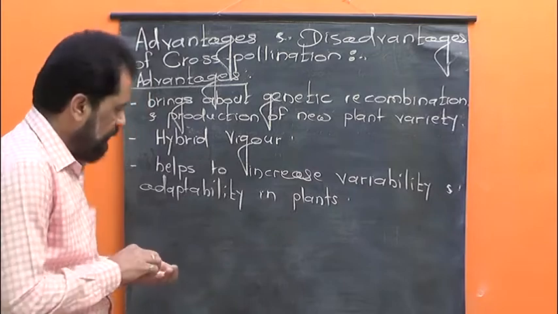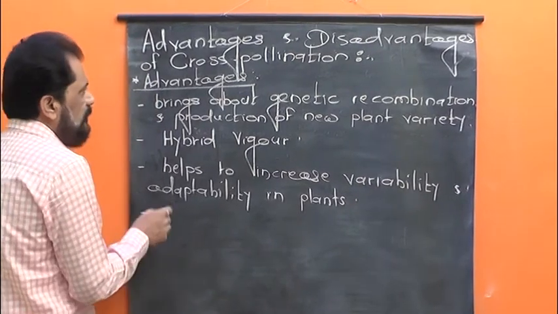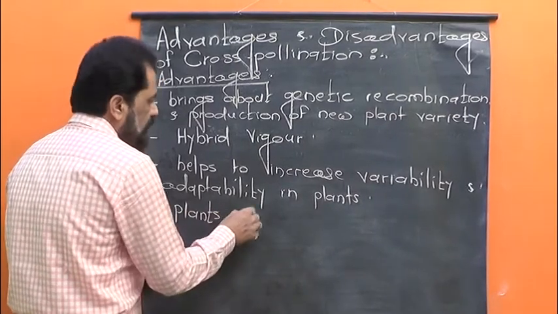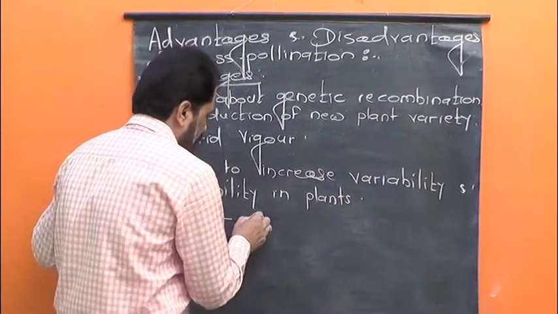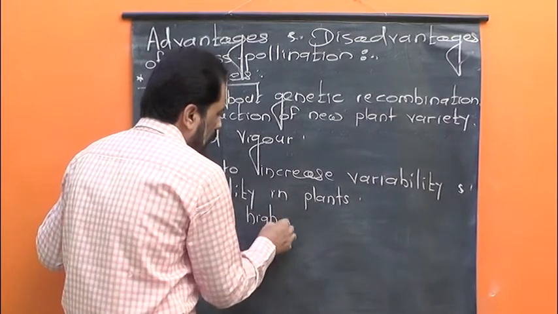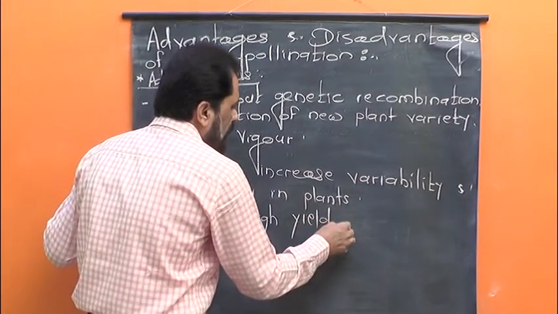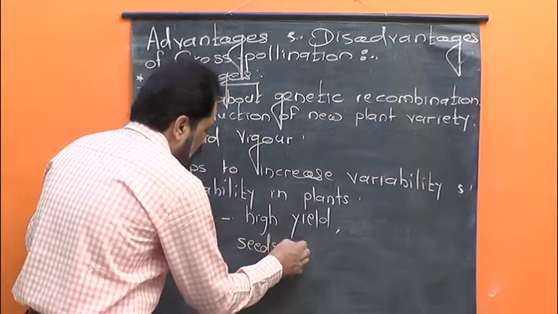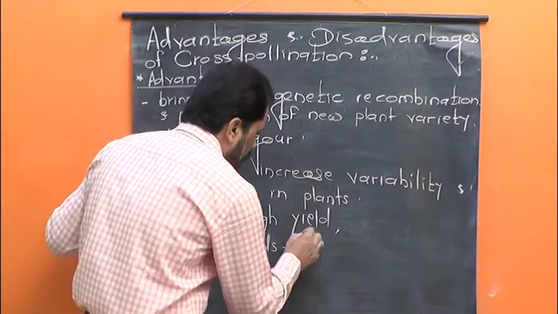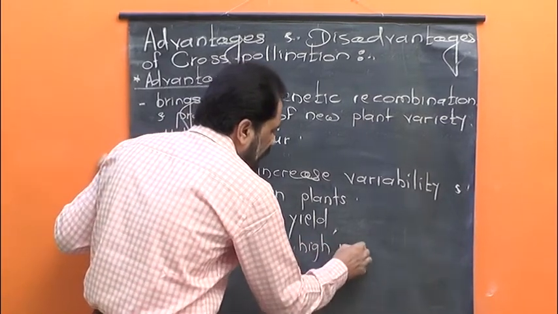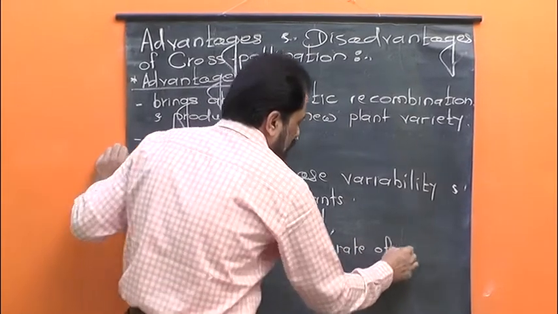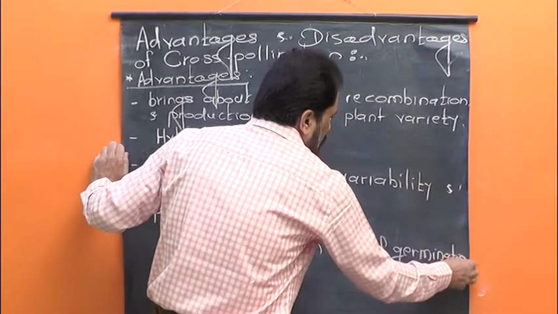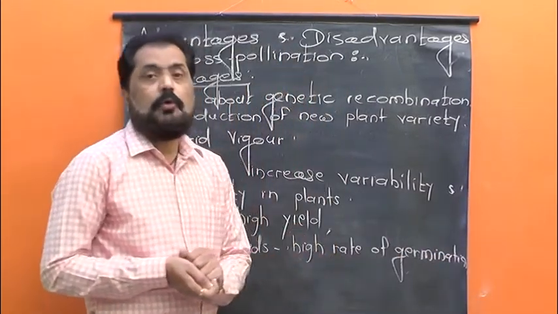In addition to that, we can say that the plants produced due to cross pollination show high yield, as well as the seeds of such plants show a high rate of germination, because the seeds are more viable.